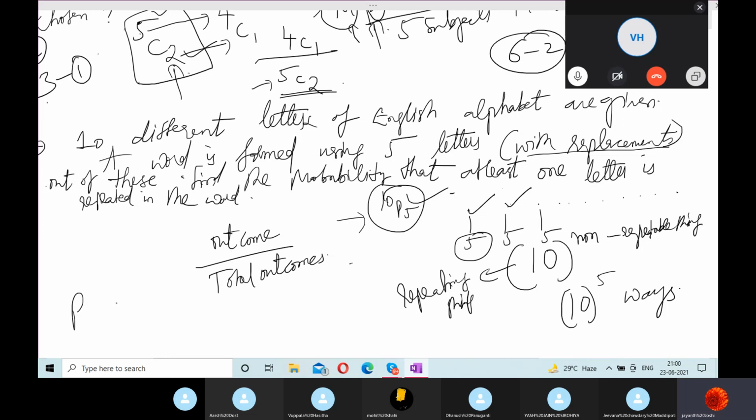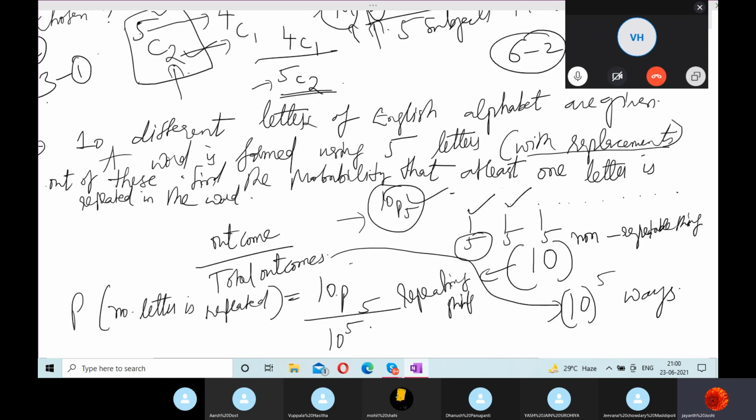Probability of no letter is repeated is equal to 10p5, that is 5 letters out of this without replacement, without any repetition, divided by 10 power 5, total number of cases. This is the total outcomes. If you want to select 5 letters from 10, that means if you want to arrange 5 letters out of 10 letters, the number of ways is 10p5.